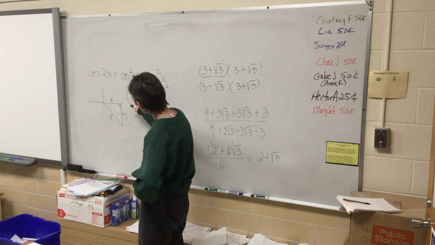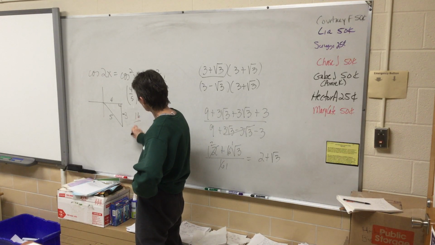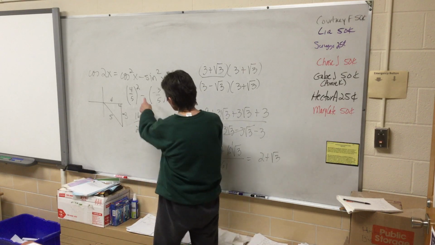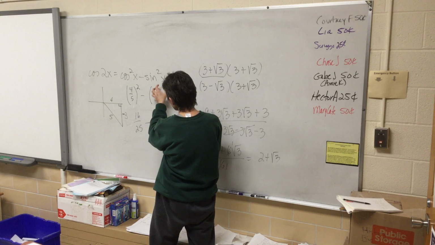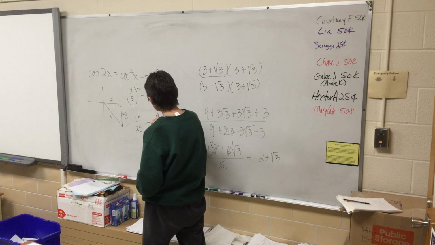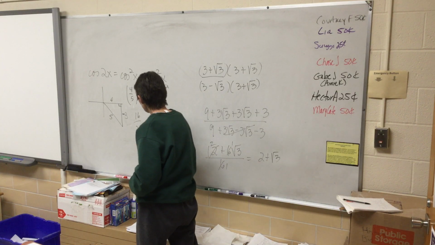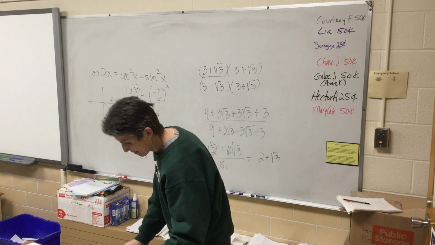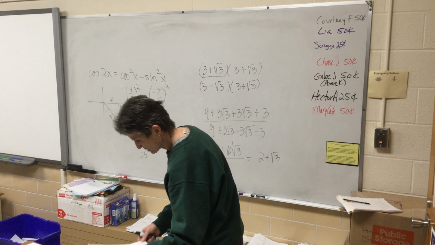So 4/5 squared is 16/25 minus, please don't cancel these negatives. This one's going to get squared out. So it's still going to be minus 9/25. So the answer to the problem is 7/25.